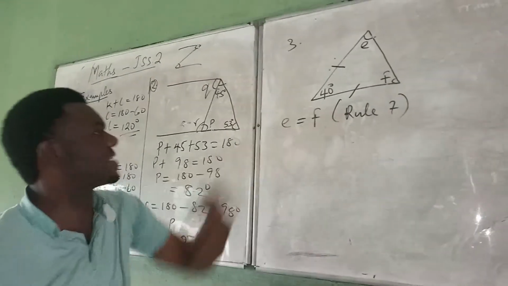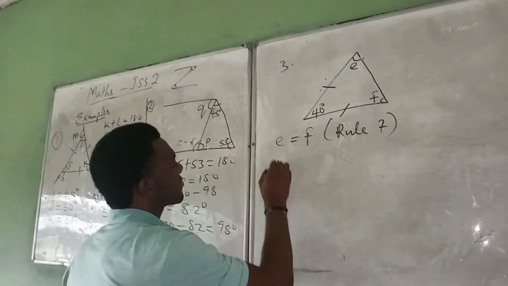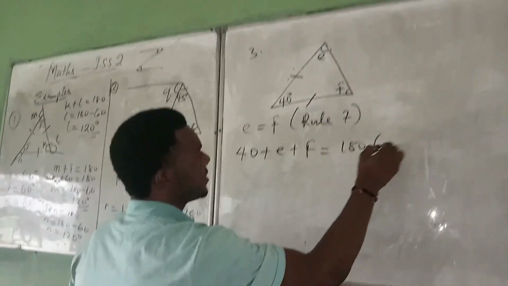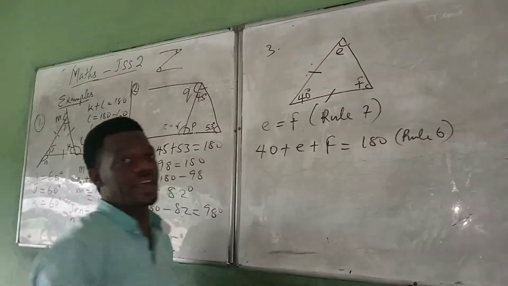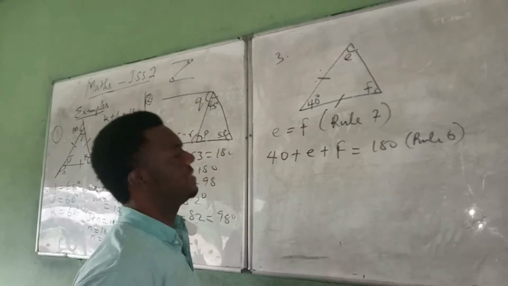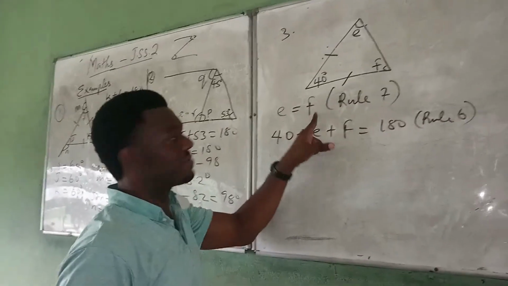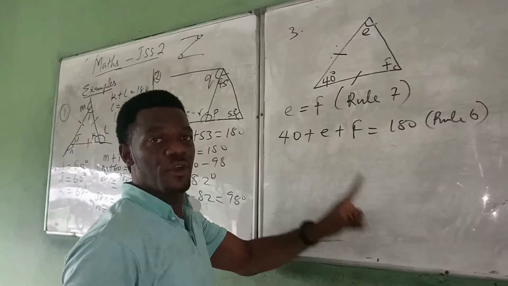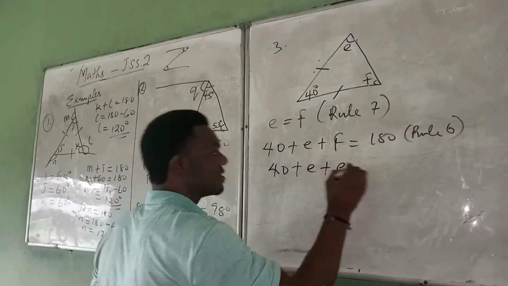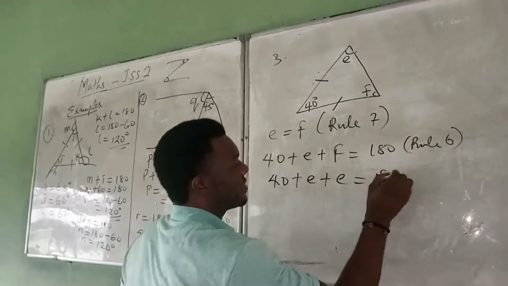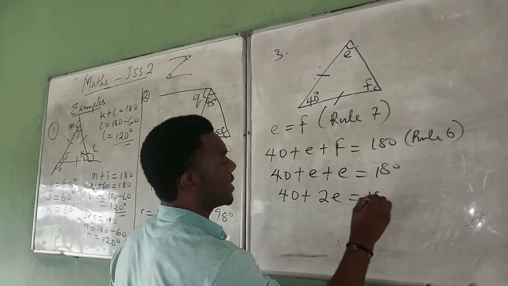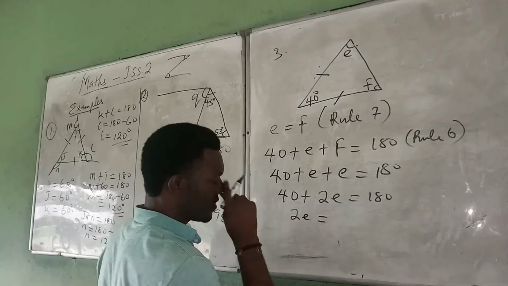Now, how do we find this angle? We already know that 40 plus E plus F is equal to 180 degrees. Reason, rule 6: the sum of the angles in a triangle is equal to 180 degrees. Knowing that E is equal to F, you can always call F E. So you can say 40 plus E plus E, 2E, equals 180 degrees.